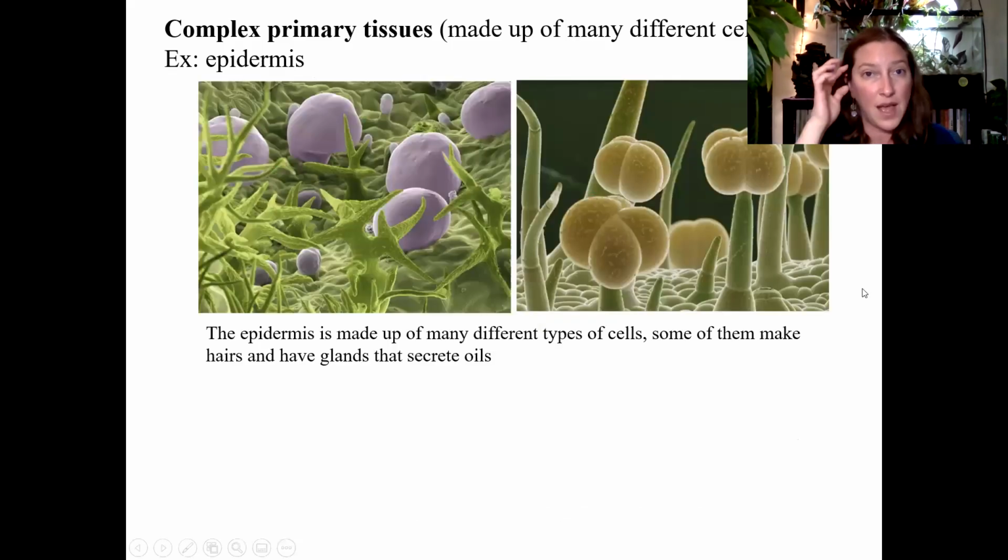Here are examples of that. Sometimes the epidermis of plants will make little hairs called trichomes. Not always, but sometimes. And sometimes the trichomes are different shapes and have different properties depending on the plant, right? So on the left here, we see SEM or scanning electron microscope slides of a plant's epidermis.